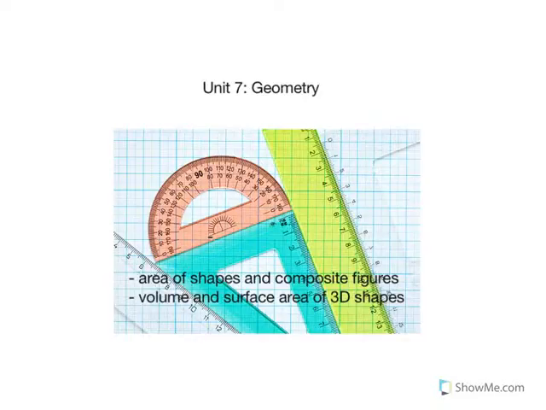So we are on Unit 7, which is Geometry, and today I will be showing you how to do the area of shapes in composite figures and how to find the volume and surface area of 3D shapes.